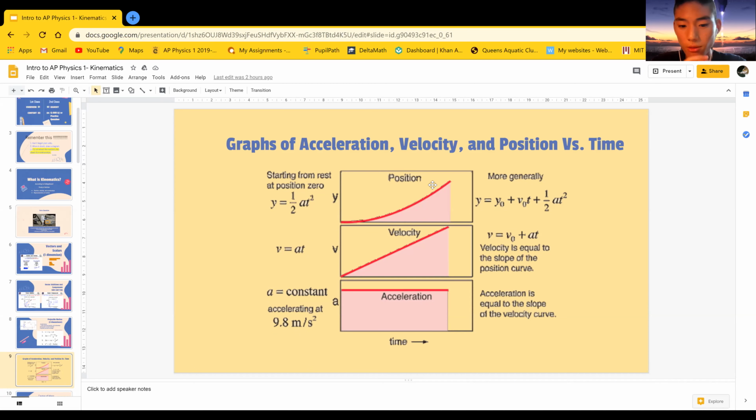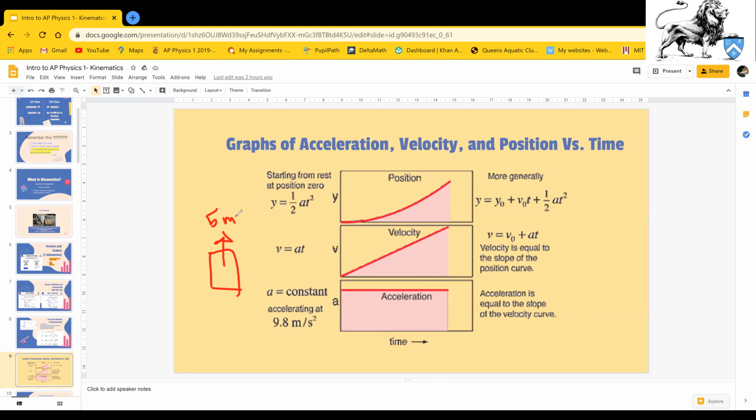So let's just say, before I talked about this car, this car is going at 5 meters per second, right? Its velocity is equal to 5 meters per second, and its acceleration is equal to 0 meters per second squared.